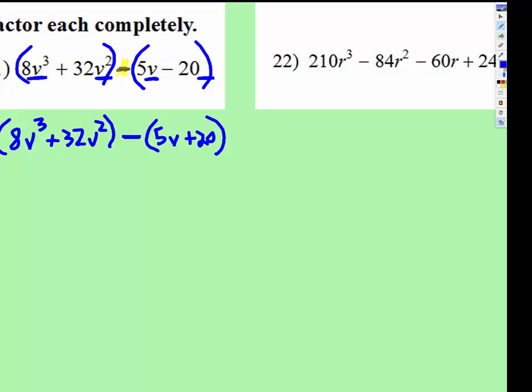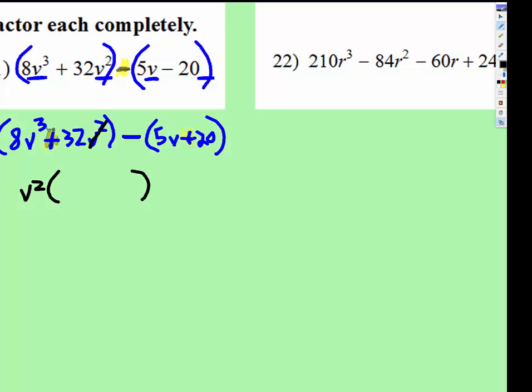And then notice when we do the grouping method, those two signs should match each other. All right, now you just ask, what do these two things share? 8v cubed, 32v squared. Well, they each share a v squared, so a v squared is going to come out.